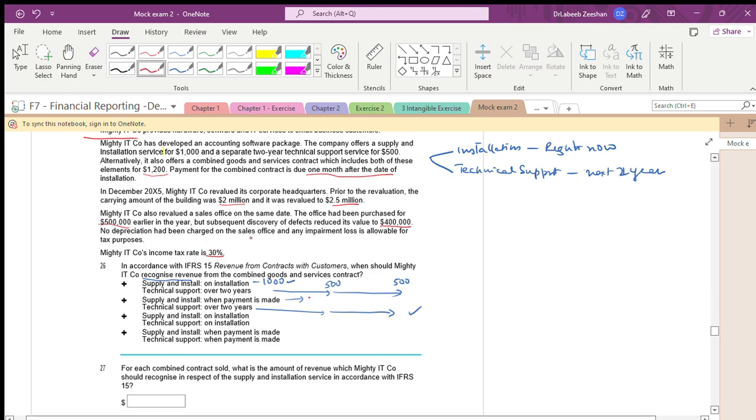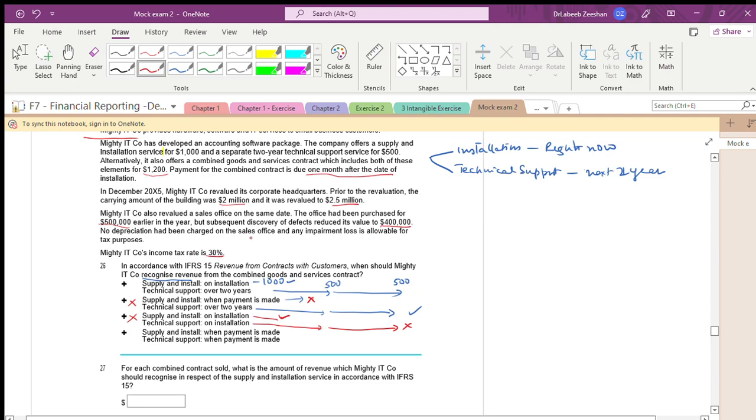We have to get payment on installation. Supply and install on installation, fine, correct. But technical support has to be done over the next period. This is also wrong.